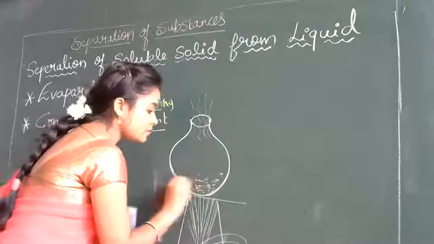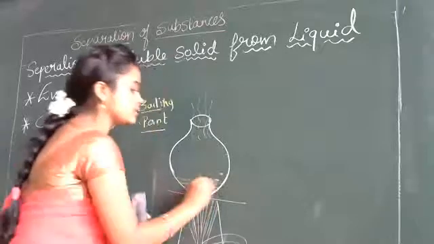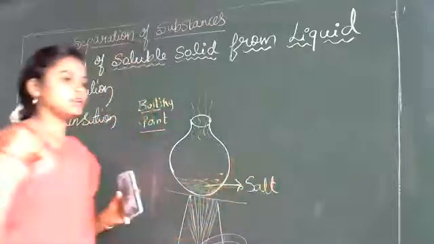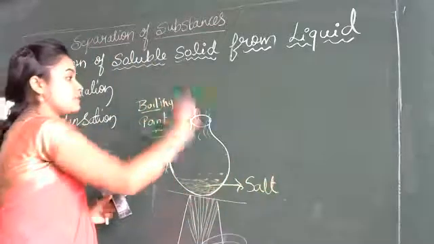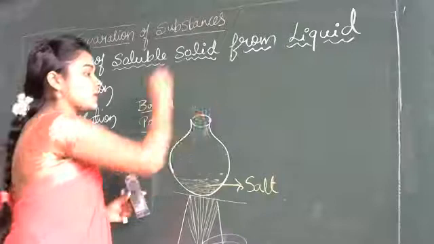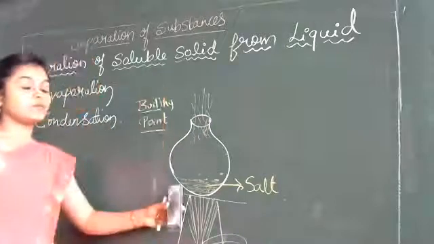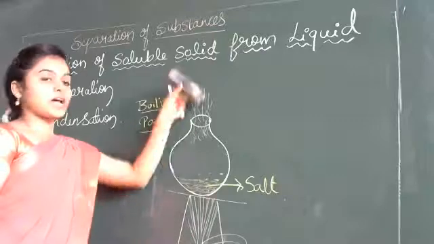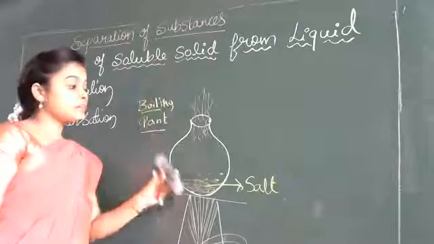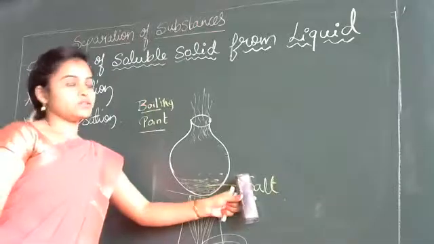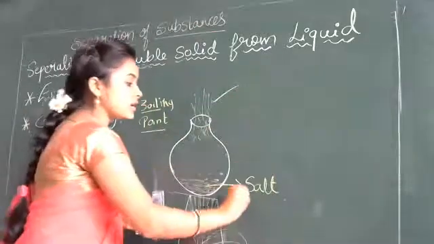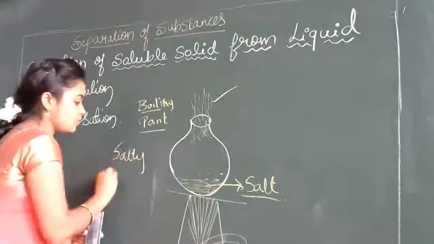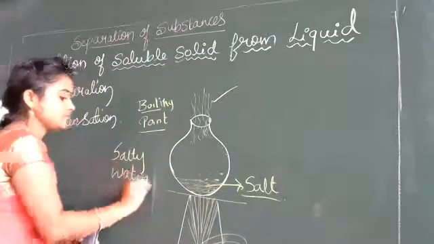What is left behind? Salt. Yes, here we finally got salt, and water has been vaporized completely when we boil salty water, and these vapors rise upwards, leaving behind salt. So we have separated water and salt from the salty water.